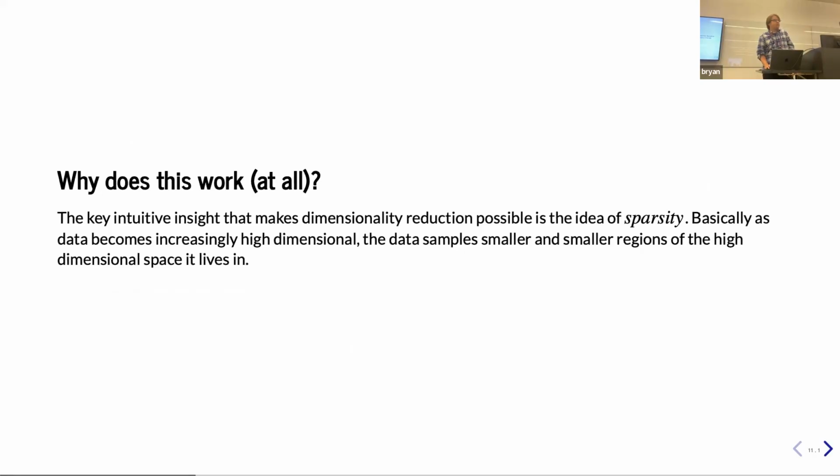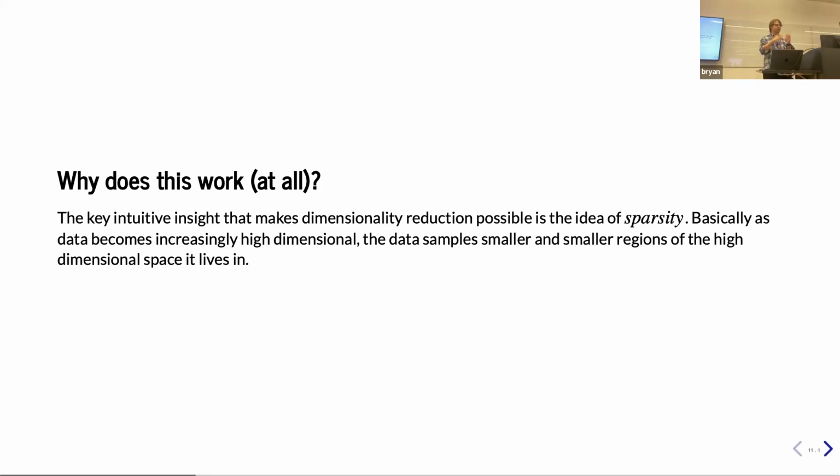So one question you might have is, why is this possible at all, right? If a process is intrinsically happening in higher dimensions, why would I expect to be able to eliminate information about those dimensions and still get something out? The big idea is sparsity. Cohort 6 has done this as an exercise in one of the tutorials from a past session, and Cohort 7 will do this in the future.